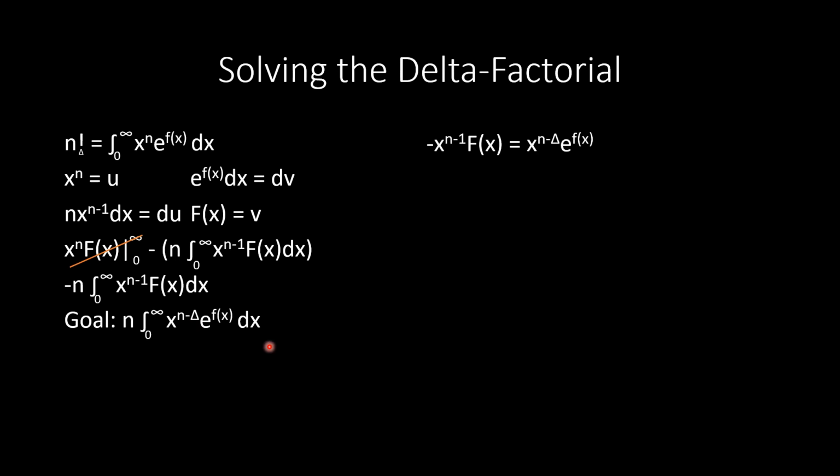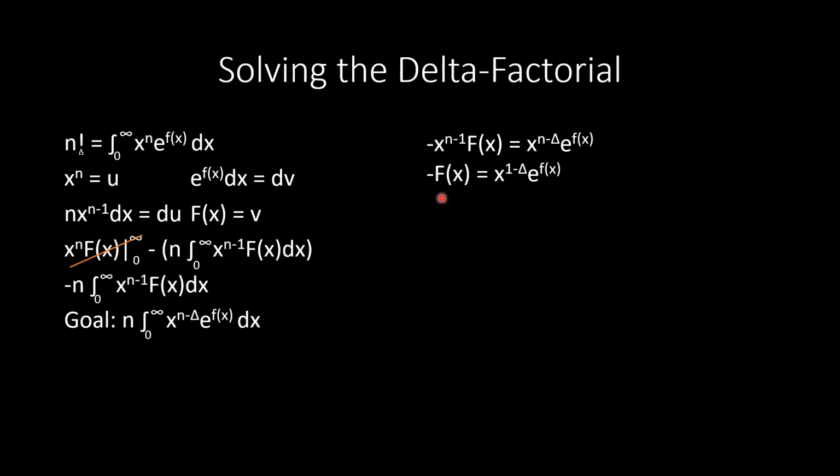Doing so, we have negative x to the n minus 1, big F of x, equal to x to the n minus delta e to the f of x. Now, if we just want to get this big F of x by itself, we can divide by this x to the n minus 1. In doing so, we have minus big F of x equal to x to the power 1 minus delta e to the f of x.